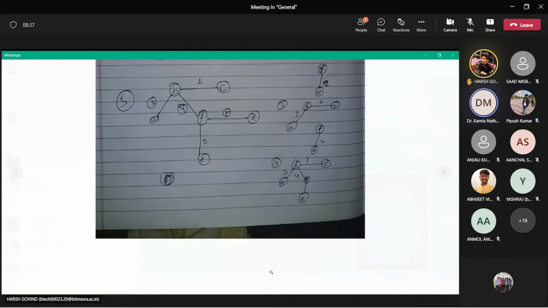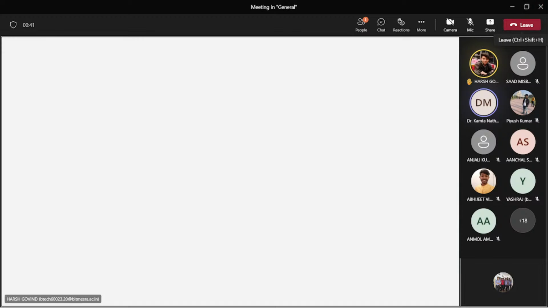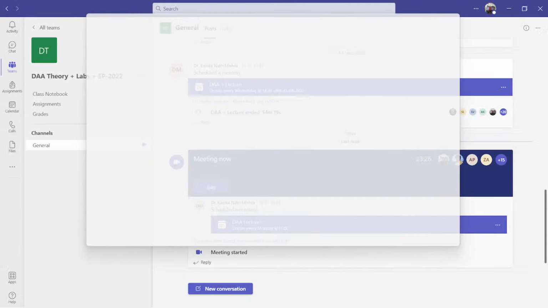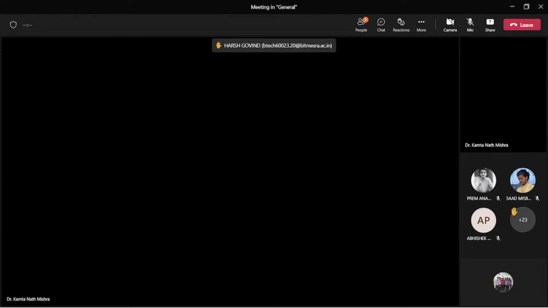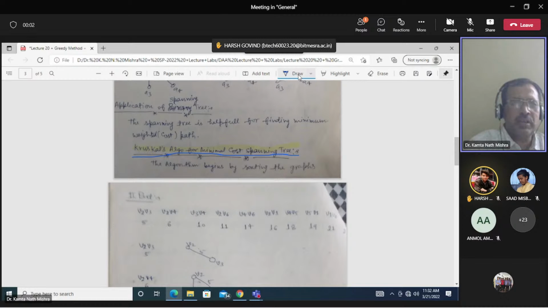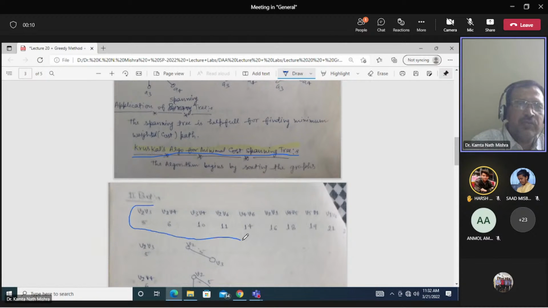For this question you have constructed. You see this screen, so just wait. What is this? V2, V3, weight is 5. V2, V4, weight is 6.